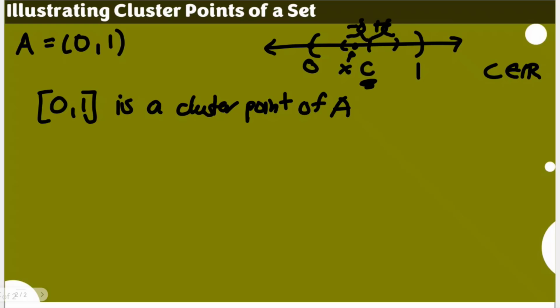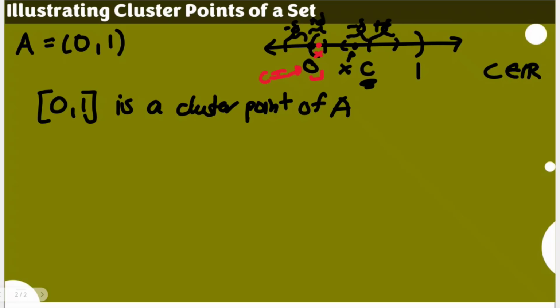At 0 here, even if 0 is not part of the set or the interval, no matter how small delta is, very small delta, plus delta and minus delta, there exists an element, in this case this one here, an X, such that the distance of that X and C, in this case 0, is still less than delta itself, and that X is still part of our interval here.